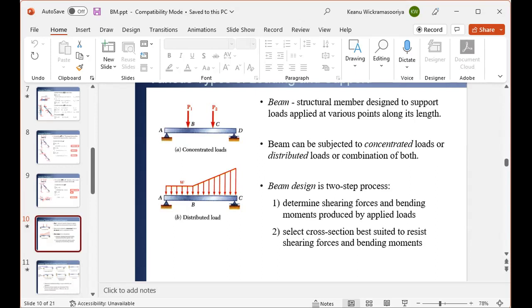So whatever the structural component, maybe a column, a beam, or a part in a machine, when it is under an external load, that structural component must generate a force and a moment. Any questions up to here?